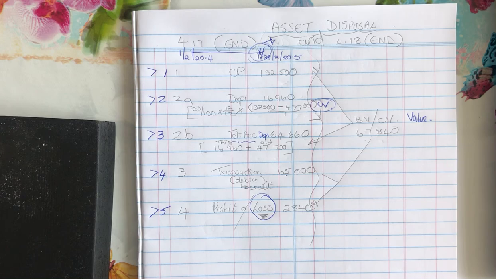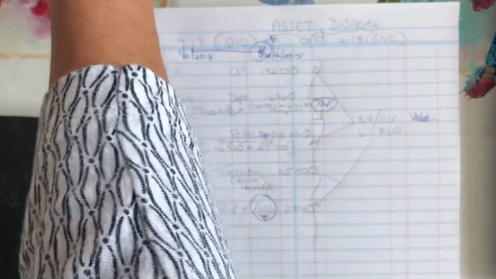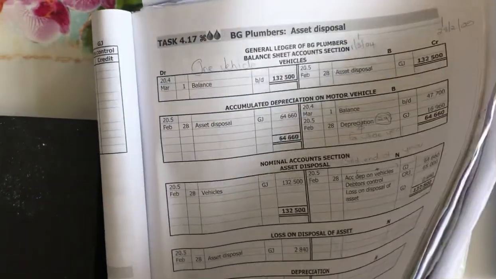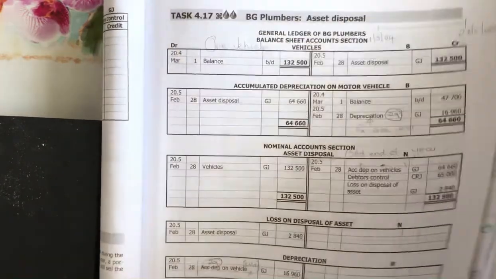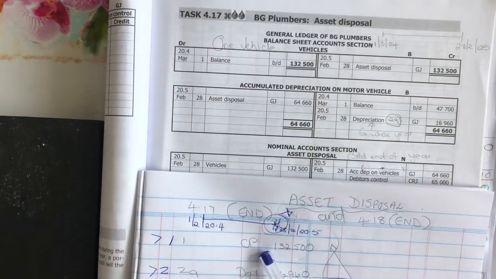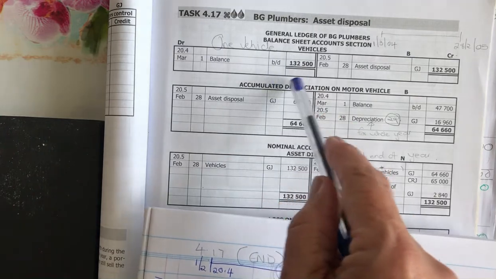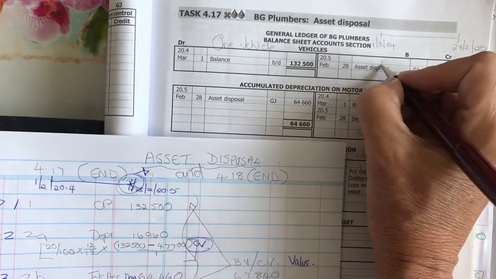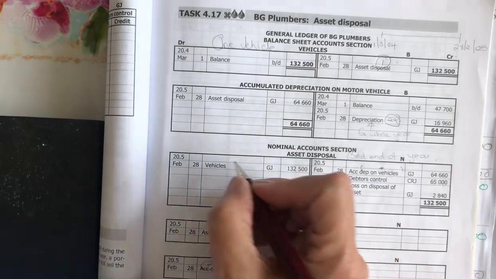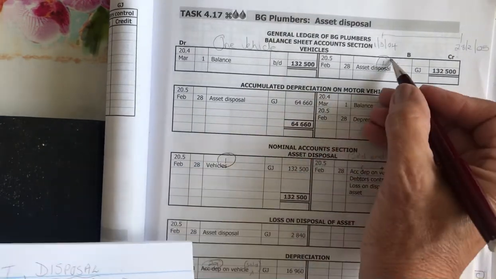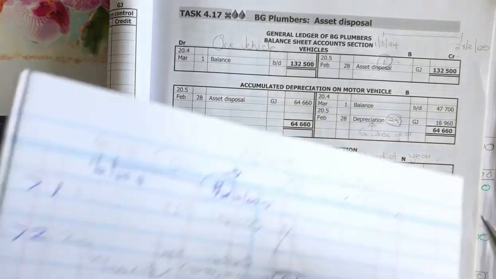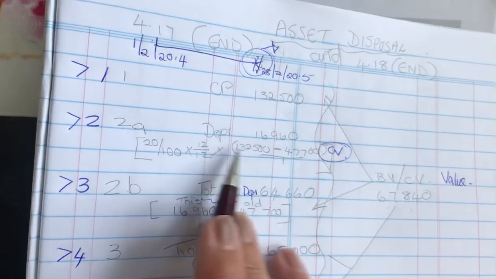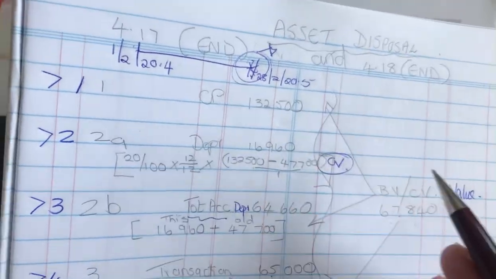And you will see, if you now go to your memo that I've also placed on Teams for you, you can see. I'm going to try and see if I can fit it all in. Cost price is vehicles. There's my step 1. Take out cost price to asset disposal. Double entry. Next one, work out the depreciation for the year.